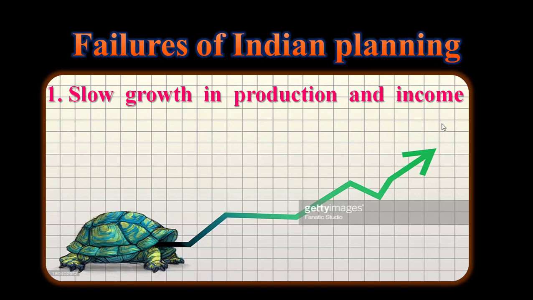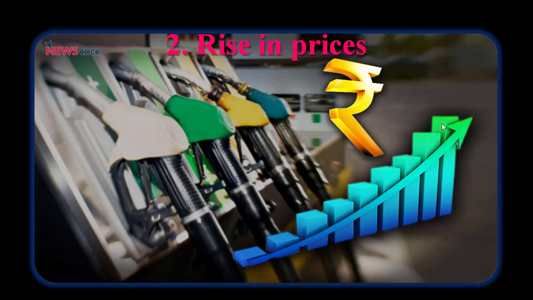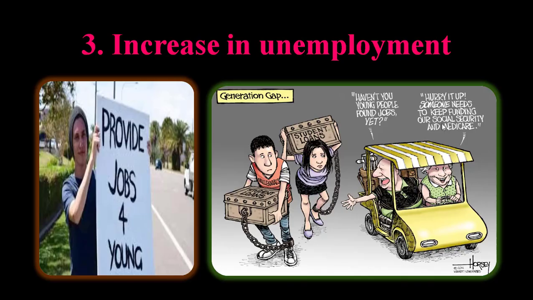In the 5-year plans, the growth rate of production was very slow in many sectors and lower than targeted levels. And the second one, a rise in prices due to slow growth of production but higher increases in population. Prices continued to rise in every plan. So that is one of the major failures of our Indian 5-year plans.